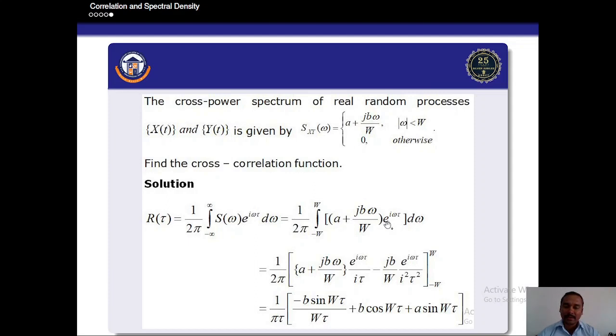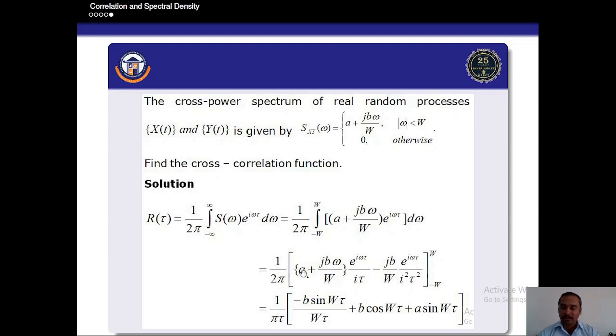Here we cannot expand this function as cos theta plus i sin theta form, because this is neither an even nor an odd function. So use the direct integration. So this is u, this is v, so apply the u dv expansion here, u v minus integral of v du.